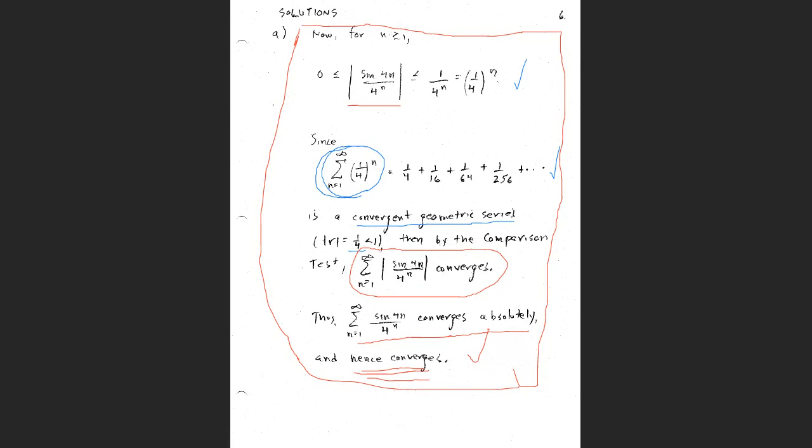I think when you do these problems, you have to just kind of take your time and think a little bit. It's not like adding 2 plus 3. 2 plus 3 is 5. That's easy. Here, you have to just think a little bit.